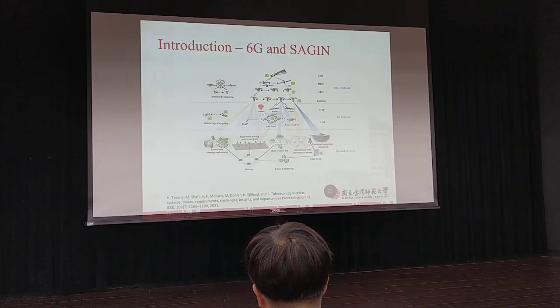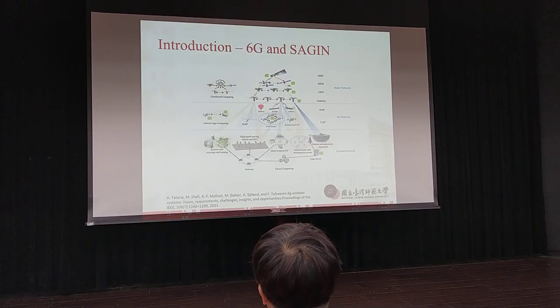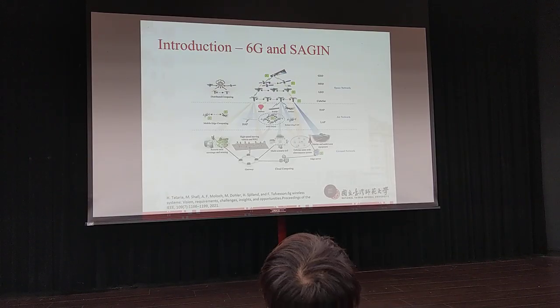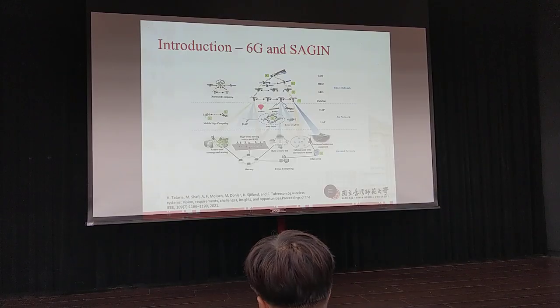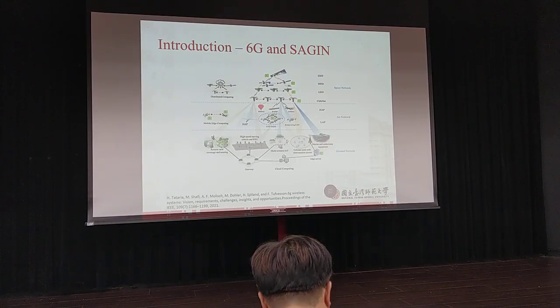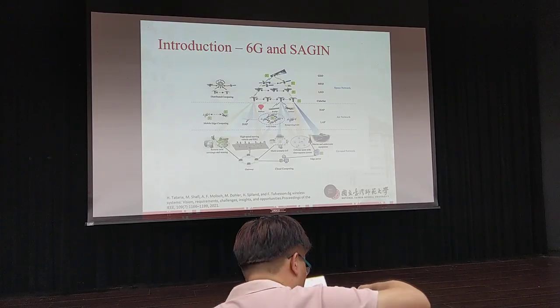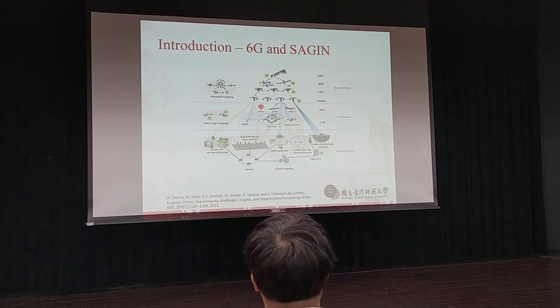In the 6G era, achieving seamless global connectivity relies on the space-air-ground integrated network. Within this multi-layer framework, LEO satellites act as the critical backbone, providing essential coverage for remote area, disaster recovery, and global IoT.